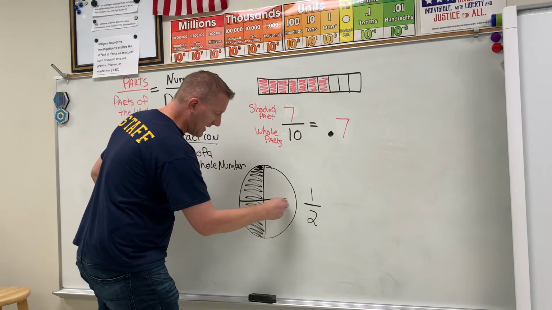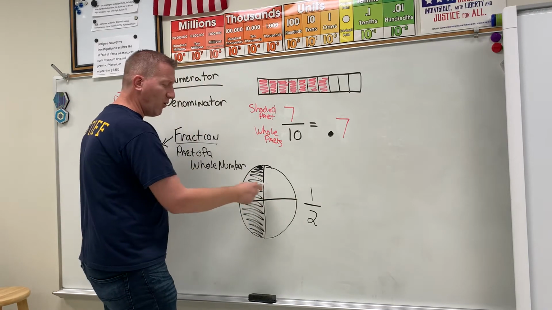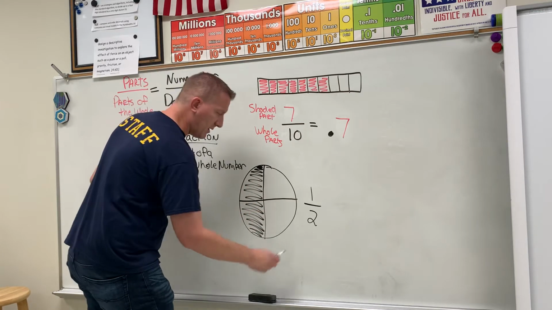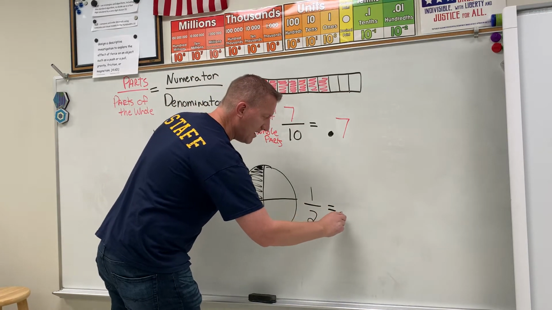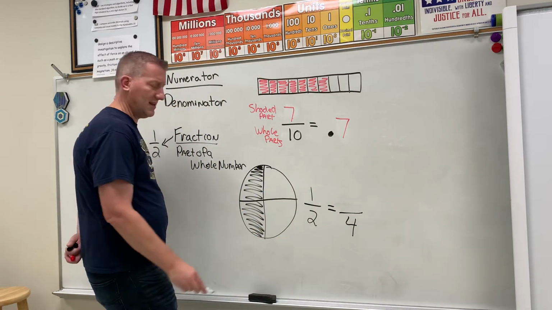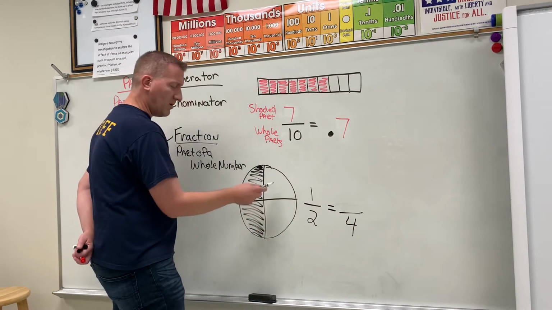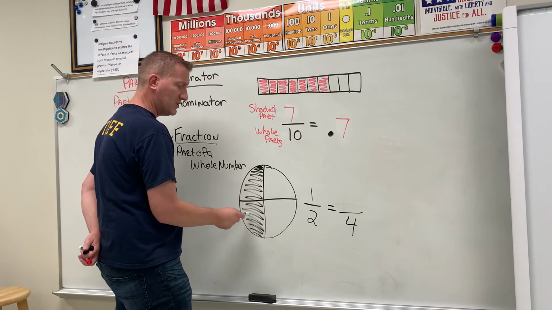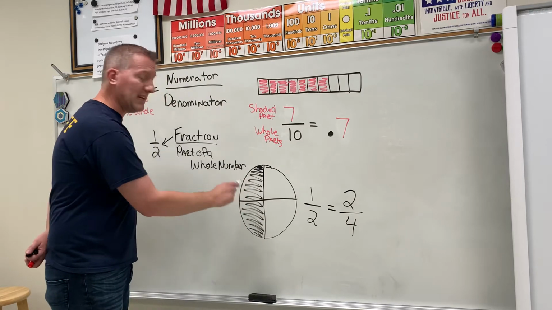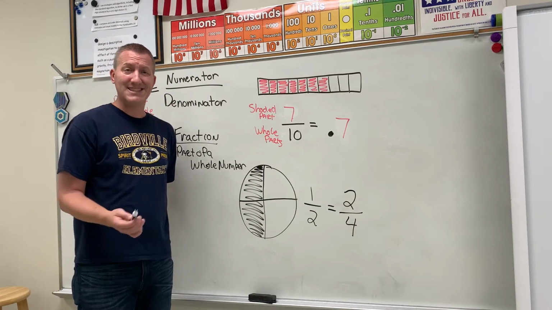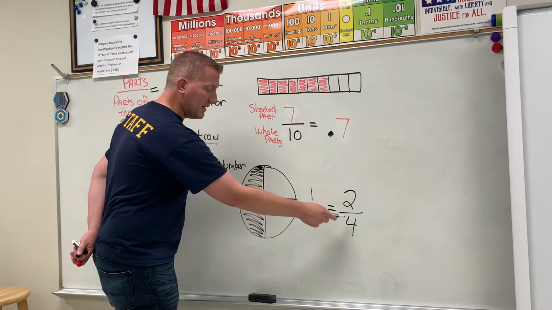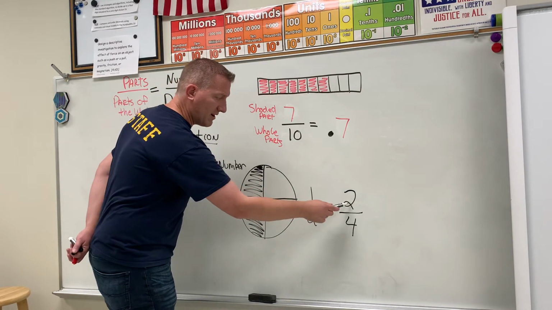Okay, what if I made it into 4 parts? Now there's 4 parts in the whole, but 2 are shaded. I haven't shaded any more parts. It's still the same circle, but now I just made more parts in the whole, right?